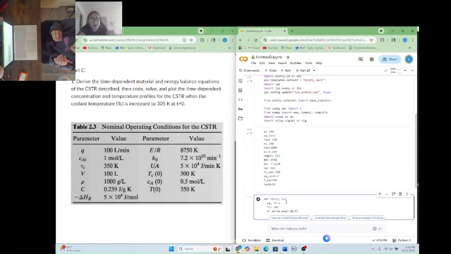So next, what we have to do is our change in concentration. Just like I said, my equation in the first had a little mistake, so we are going to really emphasize that right now.